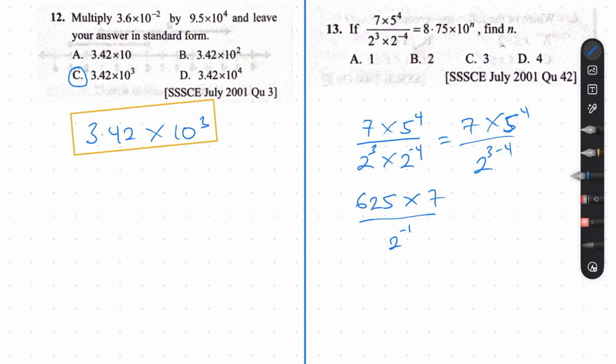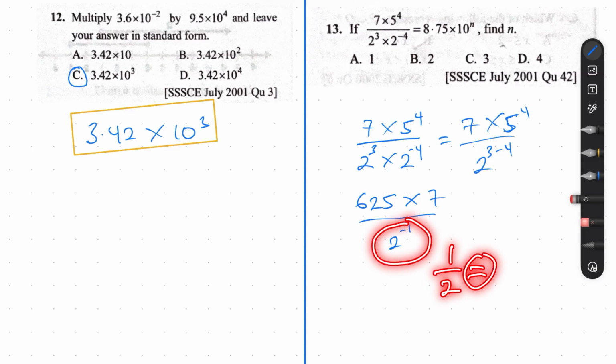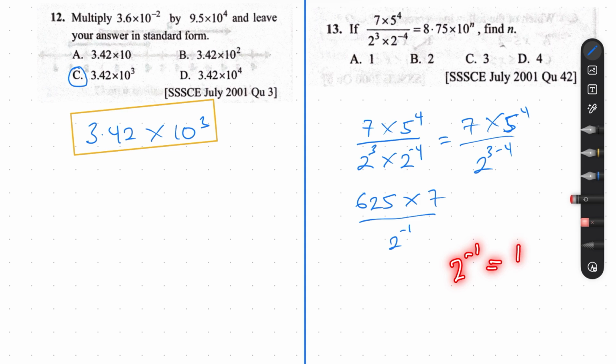And this 2 exponent negative 1 can be written as 1 over 2. This is another law of indices. When you get there, you will see it. So 2 exponent negative 1 is written as 1 over 2, right? So when you put 1 over 2 here, this 2 just comes up to multiply, right?